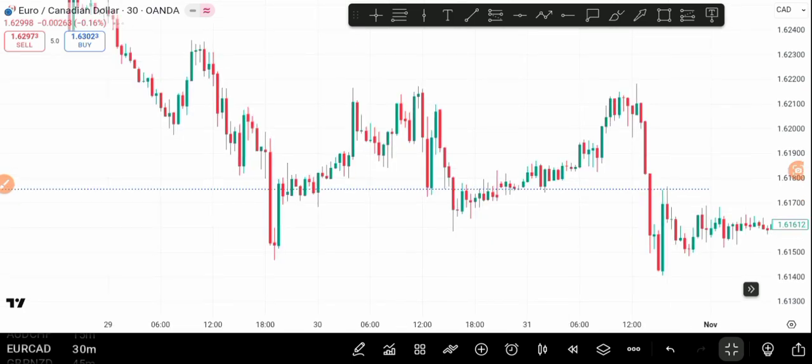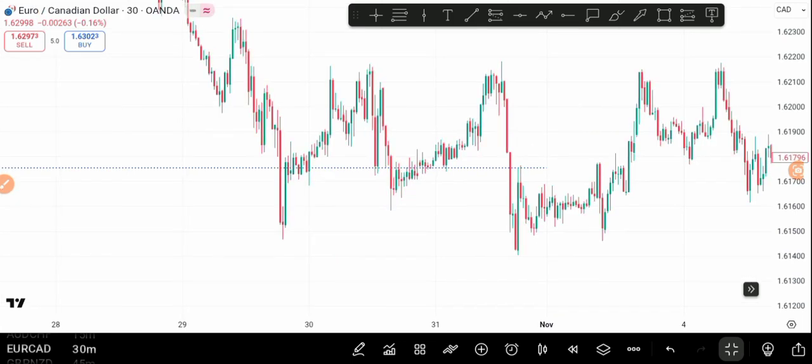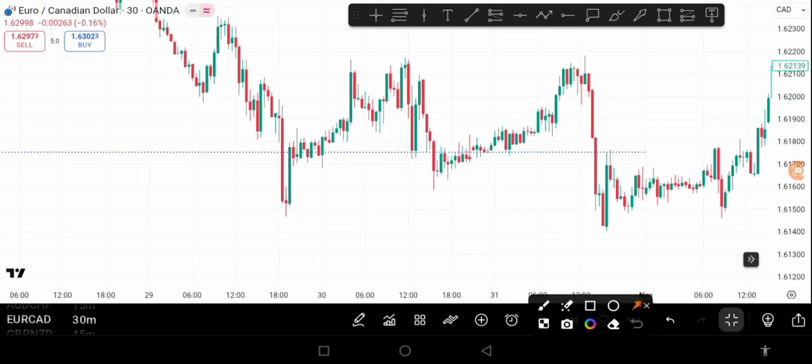Yes, after this change of character, I want us to check what happened. Let me explain first. Now look at this. The price was coming back, made an eye here, came back, and then the price went up to take this liquidity.